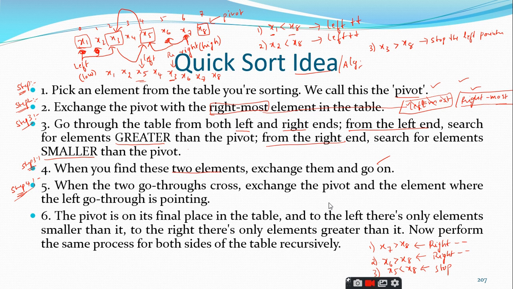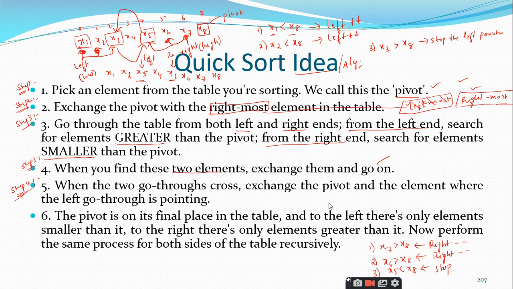Let me have a quick recap of what this quick sort idea is. The first step is to pick an element and designate it as the pivot. Second step is to throw that pivot element either to the leftmost part or the rightmost part. Third step is to take two pointers, left and right. Left should always point to a less element and the right should always point to a greater element.